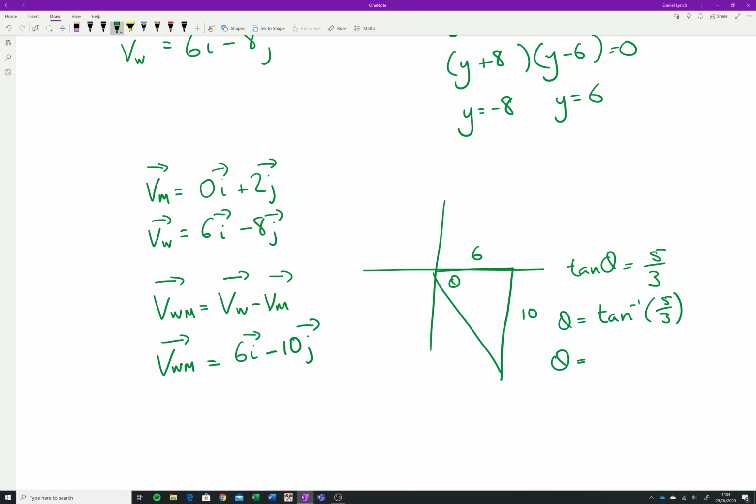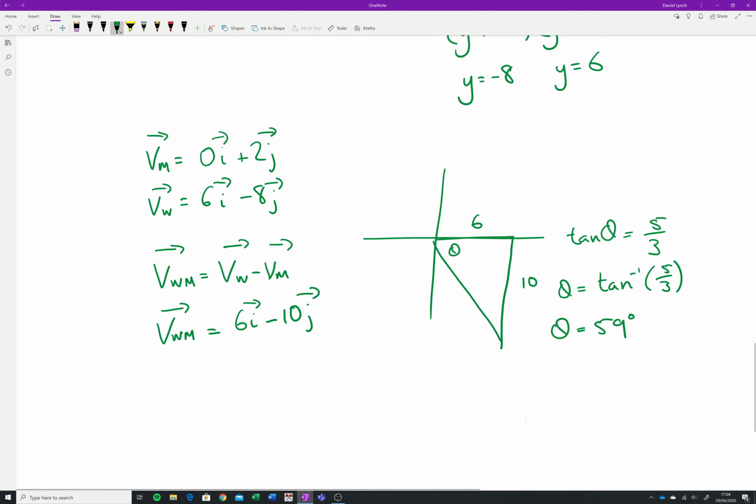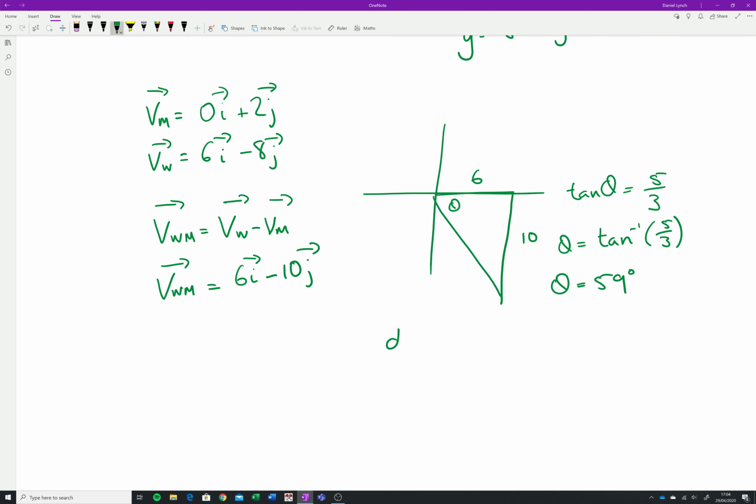It's very, very close to 59, so we'll just take it that that's what they meant. So the direction in which the wind is blowing, we would say is east 59 degrees south.